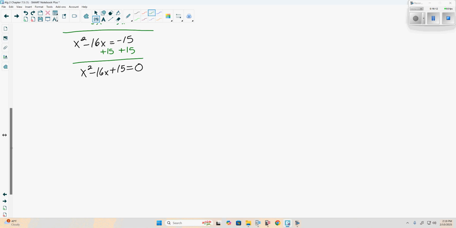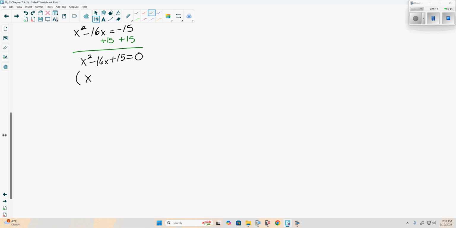Now, if we did factor this, it would factor to x minus 1 times x minus 15. Since the third term is positive, the signs are the same and match the sign of the middle term. We get negative and negative. Only factors of x squared are x and x. Factors of 15 are 1 and 15 or 3 and 5. 3 and 5 are going to be a little small.